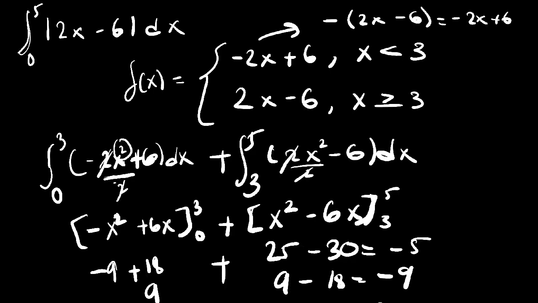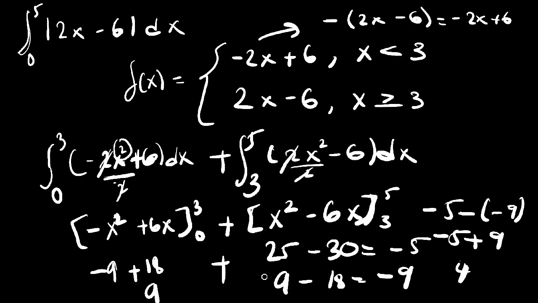So it's negative 5 minus negative 9, because it's f of b minus f of a, so negative 5 plus 9, which is 4.